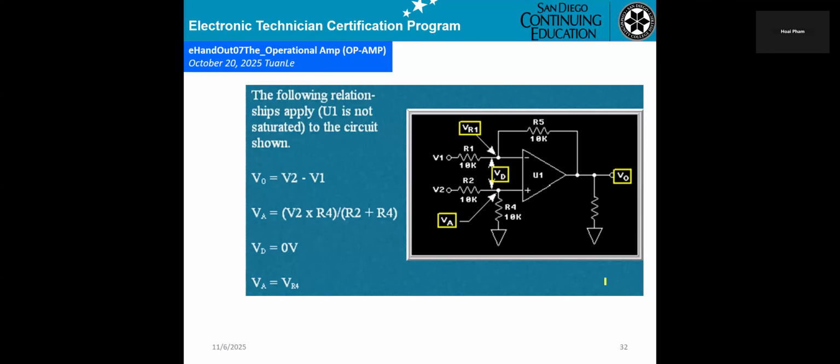Okay, and that will show you what Vout equals. VA, that means that point here is a voltage divider, and with VD at 0, VA equals VR4.